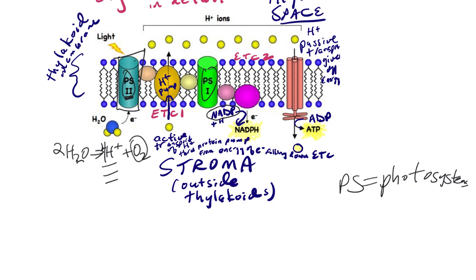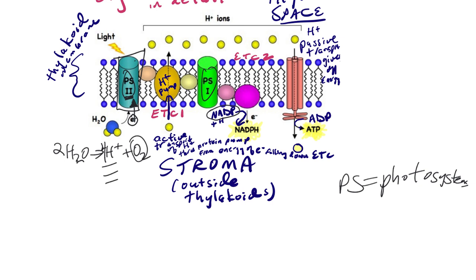Now the whole point of what's happening is to replenish the electrons to photosystem 2 that were energized by the light absorbed by PS2 and therefore escaped the chlorophyll molecules and went down ETC1, the electron transport chain.